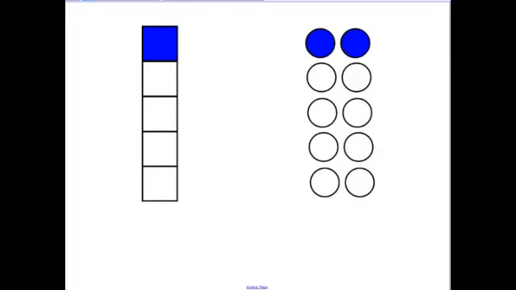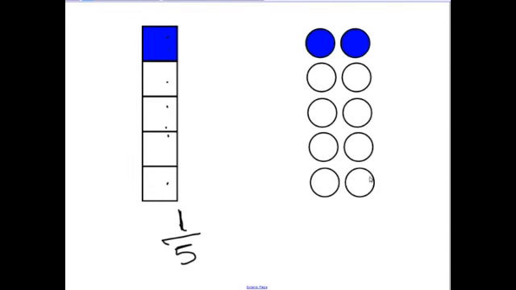Now if we have another look at this representation, this one shows us it in a slightly different way. In this first one, the fraction that is blue, we have 1, 2, 3, 4, 5 parts that this rectangle has been split into, and the amount that are blue is 1. So it's 1 out of 5, or 1/5.